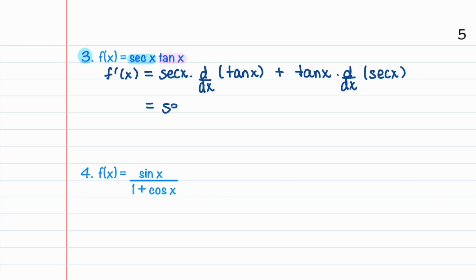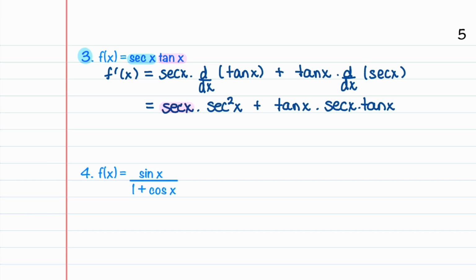This now gives us secant(x) times the derivative of tangent, which is secant²x, plus tangent(x) times the derivative of secant(x), which is secant(x) tangent(x).